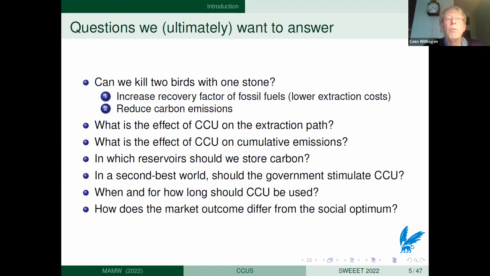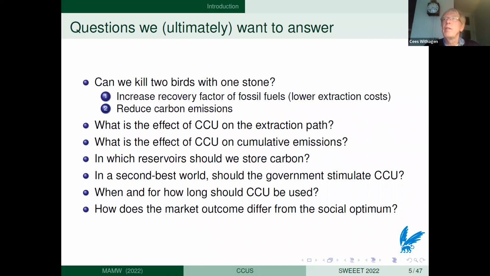We then want to make a distinction between just carbon capture and storage, which is in this paper meant to be storage in inert, non-active resource wells, and carbon capture and utilization, sometimes also called carbon capture and use.